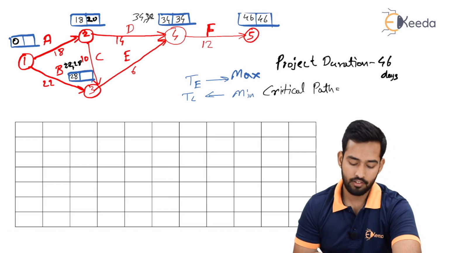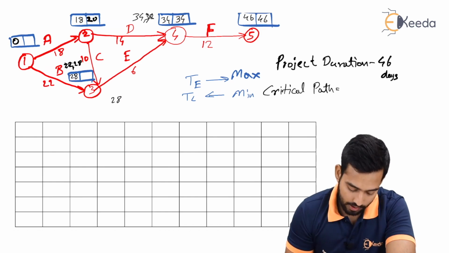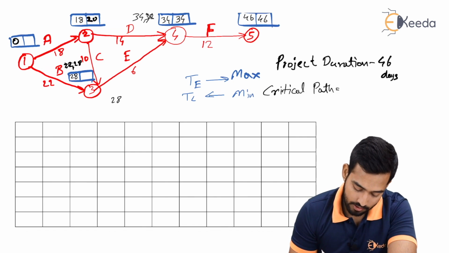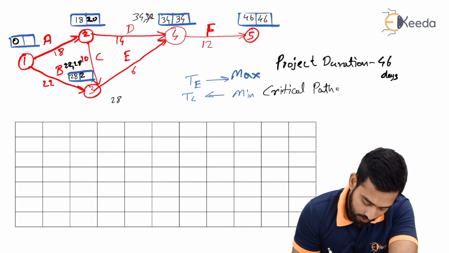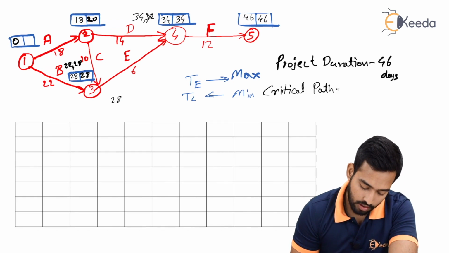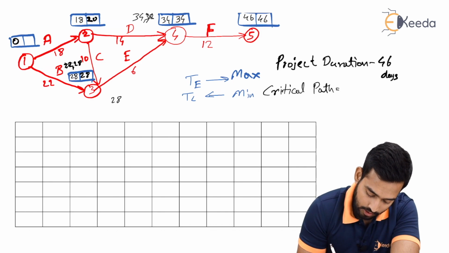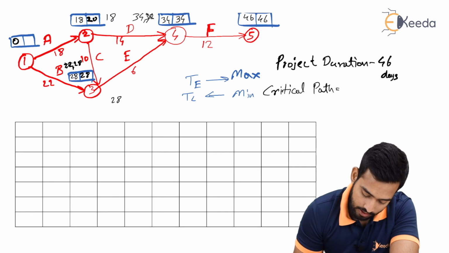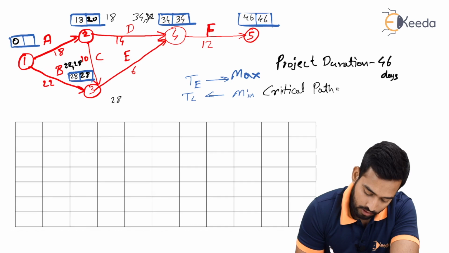Now 28 we will write aside, because here at node 3 we have to calculate the value 34 minus 6, that is your 28. Now from the third node we are going back to the two activities. So 28 minus 10 will give me 18 and 34 minus 14 will give us 20.